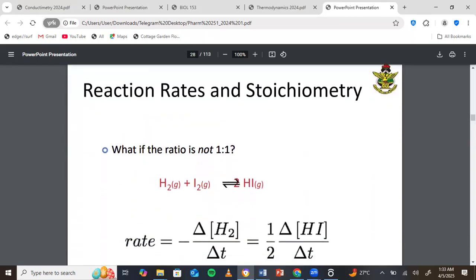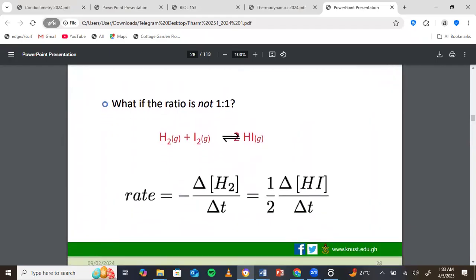over time, right? Now, what if the ratio of the reactant to the product is not 1:1, as in the other example, like we have in this case? What we have here is H2 plus I2 reacting to form 2HI, right? That is, for every 1 molecule of hydrogen gas that disappears, we have 2 moles of HI that appear.